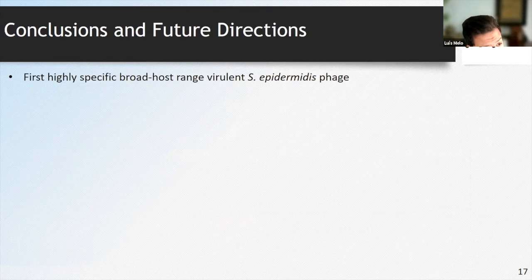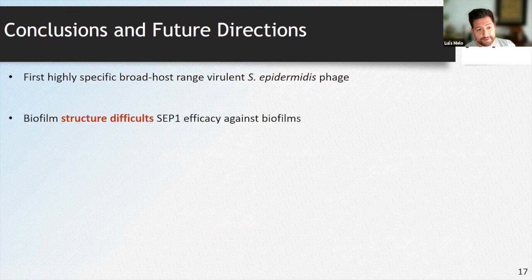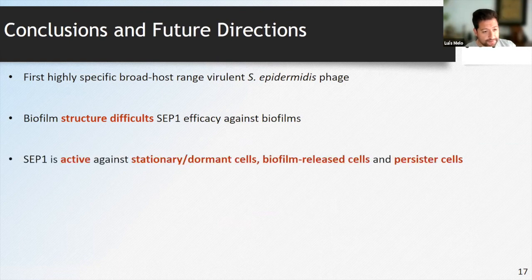So to conclude, in this study, we isolated one of the first highly specific and broadest range Staph epidermidis phages. I think we show that the structure of the biofilm hinders the efficacy against biofilms, but in opposition, we show that this phage is a particular phage.